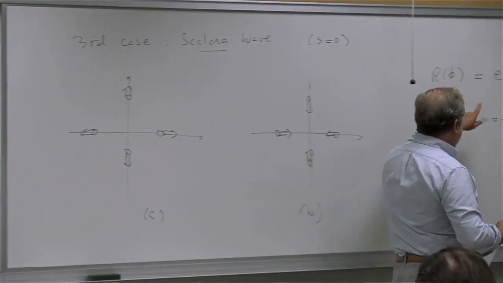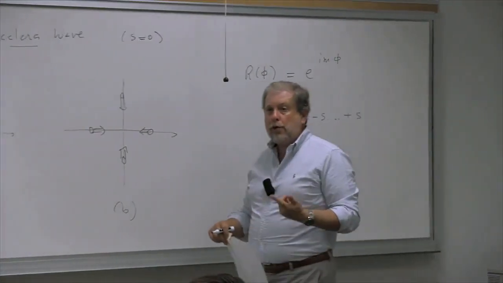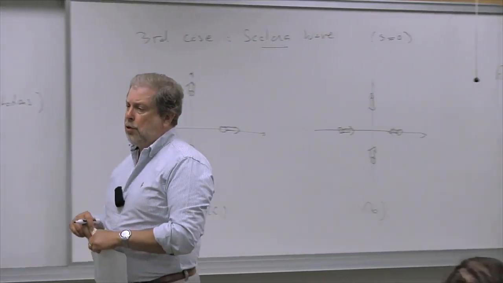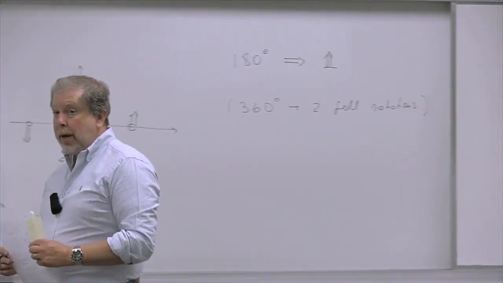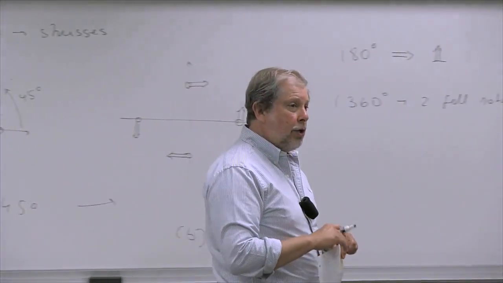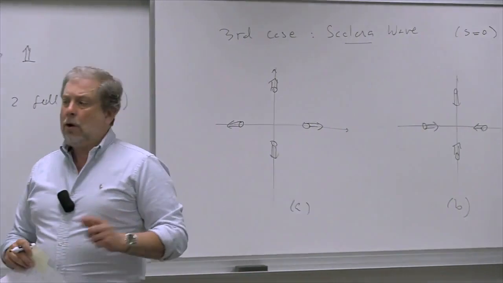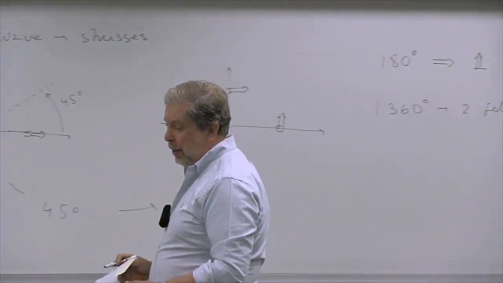The scalar case corresponds to m equal to 0, where a rotation has no effect because it is just the identity. And then depending on whether you have spin 1 or spin 2, you come back to the original configuration either after 360 degrees or after 180.